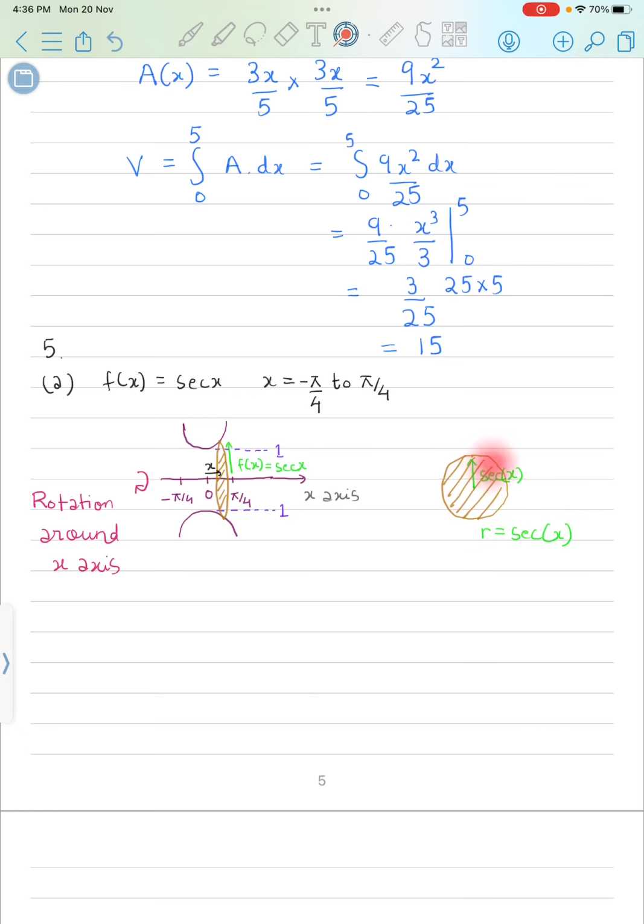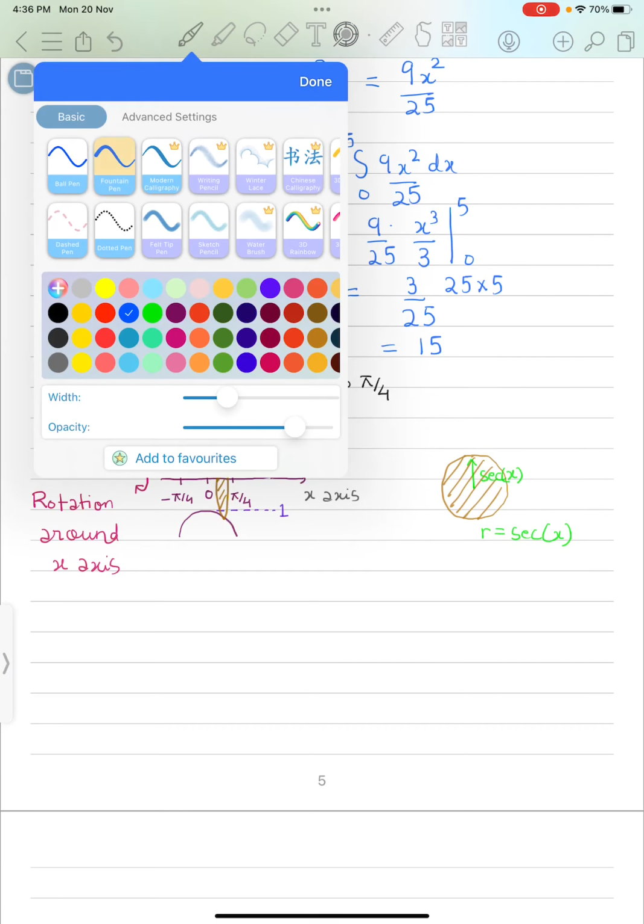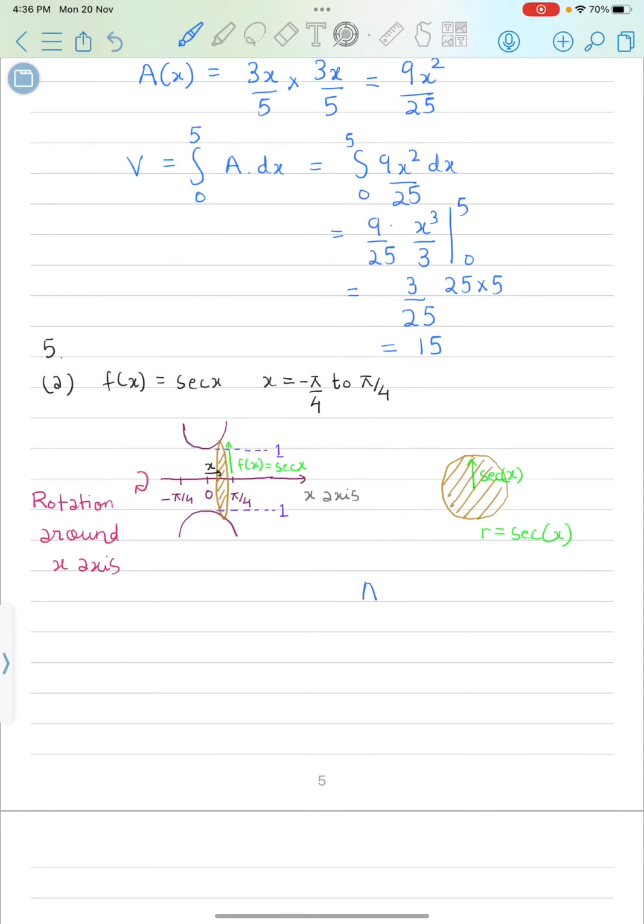And so what will be the area of this? Pi and then sec square x, right? Pi r square, this is the area.